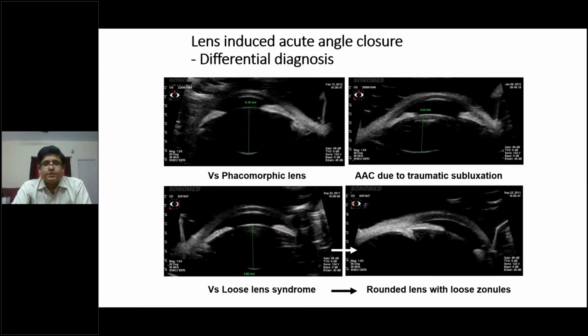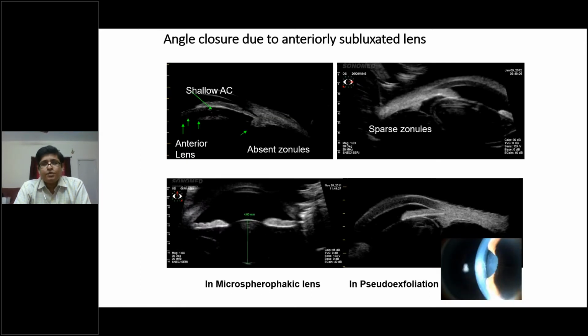Coming back to the lens-induced acute angle closures, if you do routine imaging using UBM, you can see either a phacomorphic lens, or a traumatic subluxation, or a loose lens syndrome. As you can see, the rounded edge of the lens with the loose zonules can be there. So these things have implications in management, especially if you're going for a trabeculectomy or a lens extraction in these patients if LPI is not working.